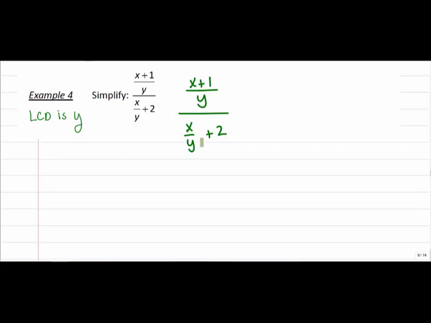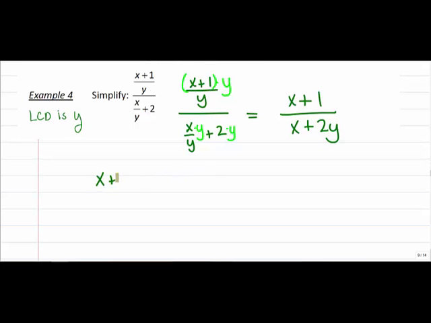And I'm going to multiply each of these by y. In the numerator, the y's divide out, leaving me with x plus 1. In the denominator, the y's are going to cancel, leaving me with x plus 2 times y, which is just 2y. And that's it. I'm done.